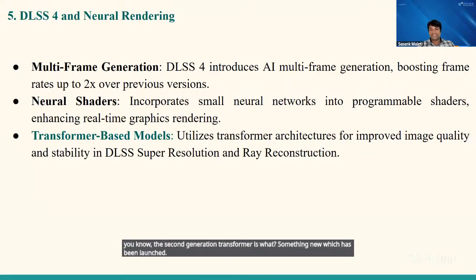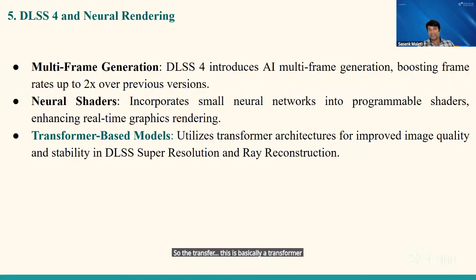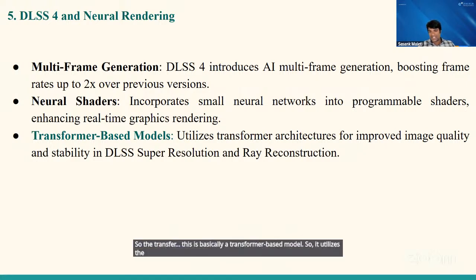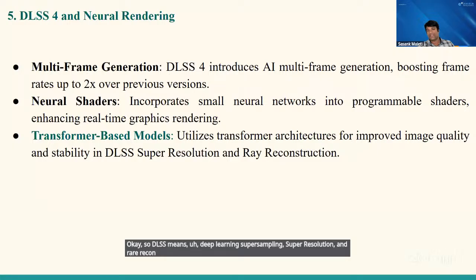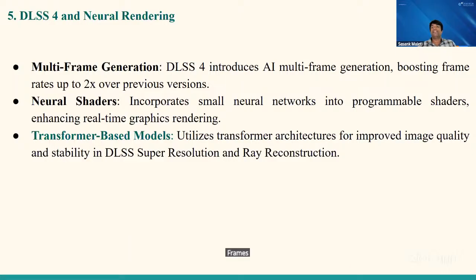It is a transformer based model that utilizes the transformer architecture for improved image quality and stability in DLSS super resolution. SS is not super resolution, SS is super sampling. So DLSS means deep learning super sampling, super resolution, and ray reconstruction. Ray is nothing but putting things into frames where it looks very real.